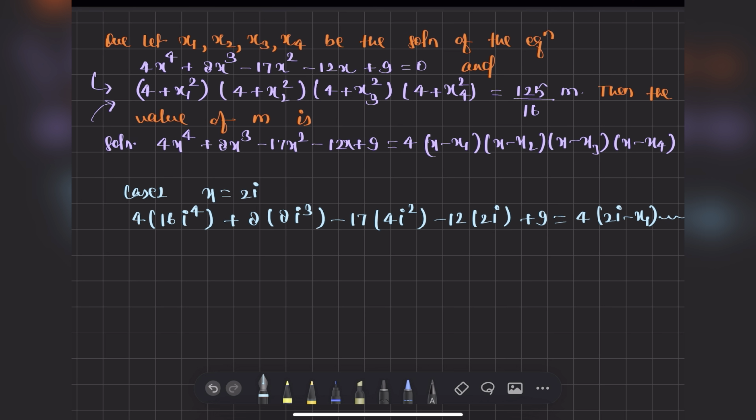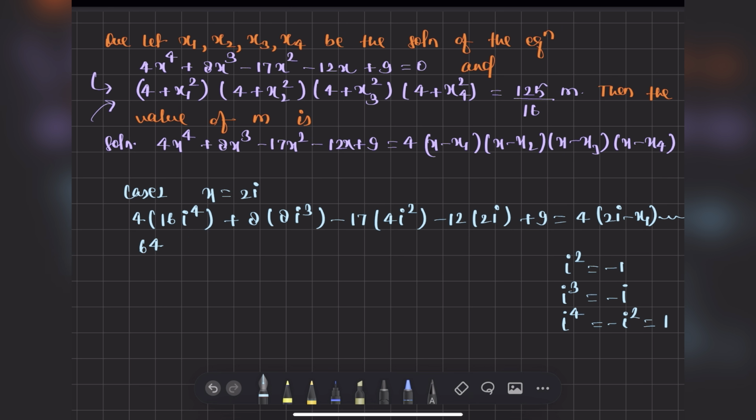Now we will try to find out the values of iota. You know that iota square is minus 1. So let's multiply both sides by iota, and you will end up getting iota cube as minus iota. Now multiply one more iota to both sides. So iota power 4 is minus iota square, and iota square is minus 1, so minus of minus 1 is plus 1. So iota power 4 is plus 1. So substitute there: it is 64.